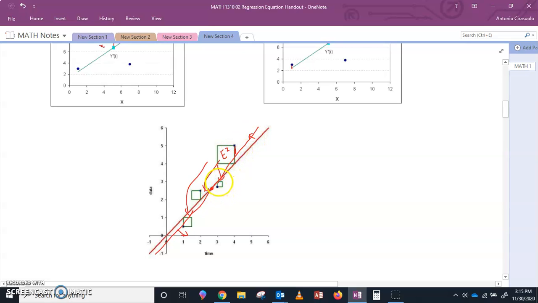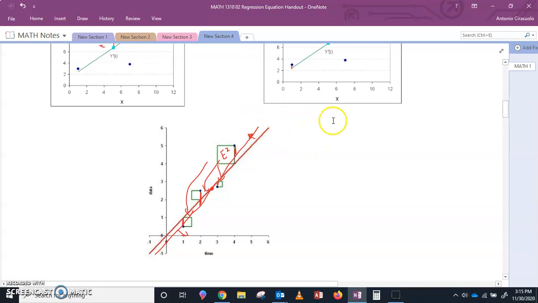This error here looks like it gets a little smaller, but this error here actually has increased. And this error, well, it looks like it may have gotten a little bit less. But the line moves in such a way that these squares change shape, right? But in such a way that it's the smallest possible area for these squares. Right, so that's the technical aspect of what's going on behind the scenes.